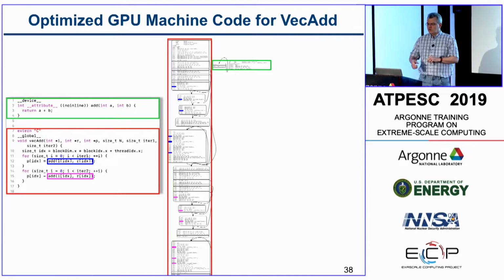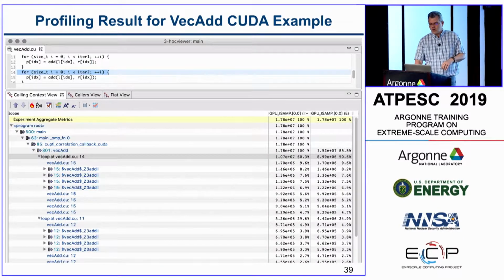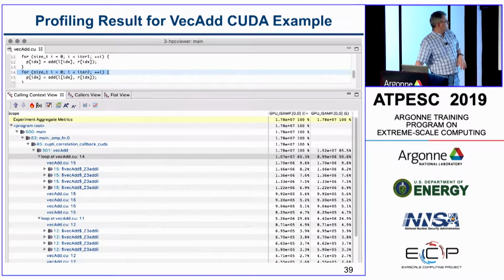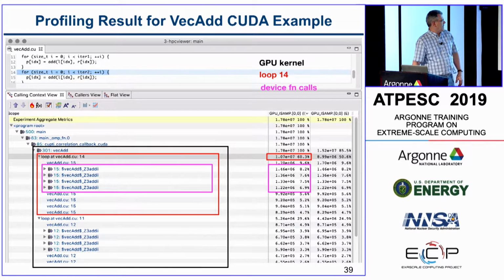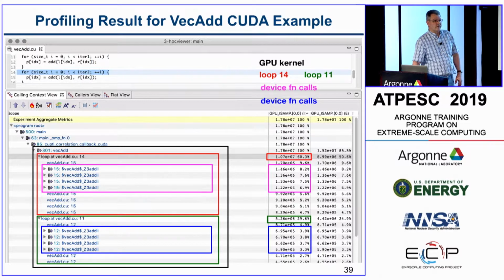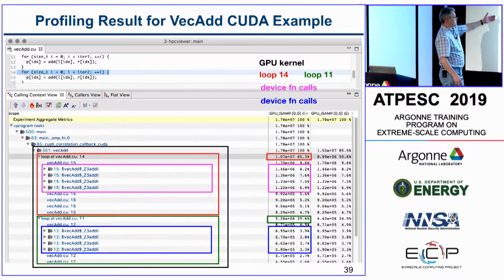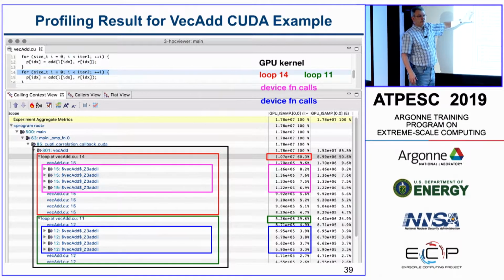What we're able to do is get a call path profile for the code that includes the cost on the GPU. Here's the calling context tree for vector add, and inside that is one loop, and then there's a set of calls inside that, and then there's the other loop, and then there's a set of calls here. Why do we have 4 calls? We've made the decision that we don't collapse call sites together.